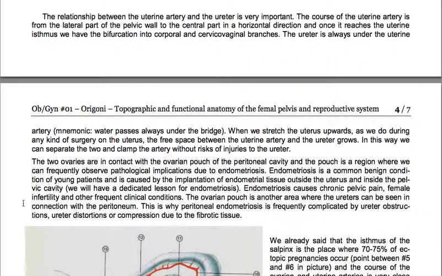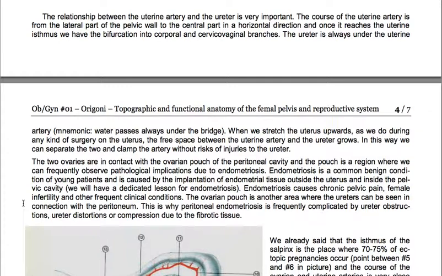It's also very important to consider the relationship between the uterine artery and ureter. And remember that the ureter is always under the uterine artery. There is this mnemonic which says that water passes always under the bridge.